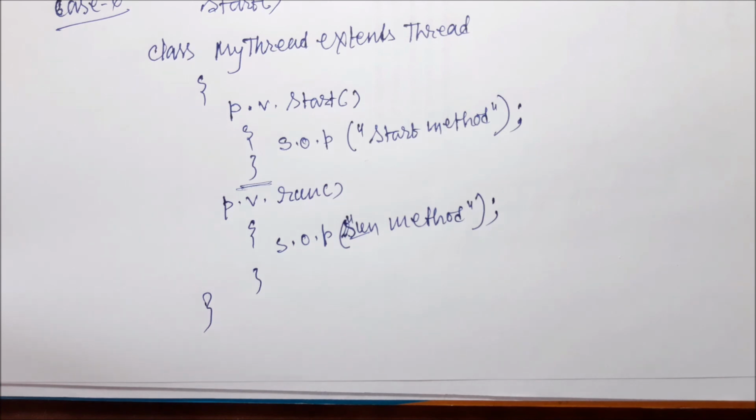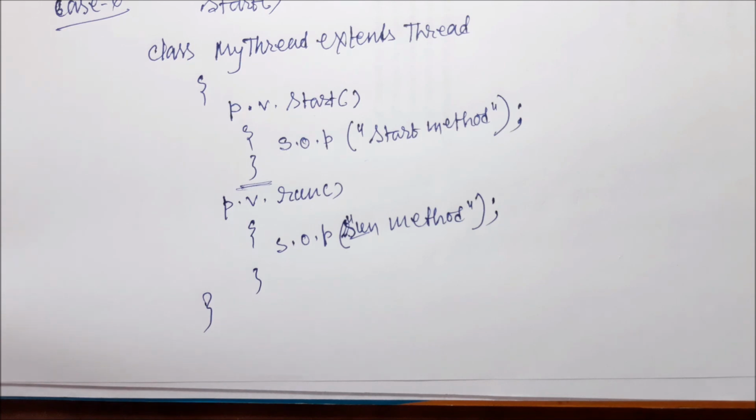So from this point we have to clarify each of the points. We have already discussed the 6 points. First, we should not override the start method; we just override the run method of this class.